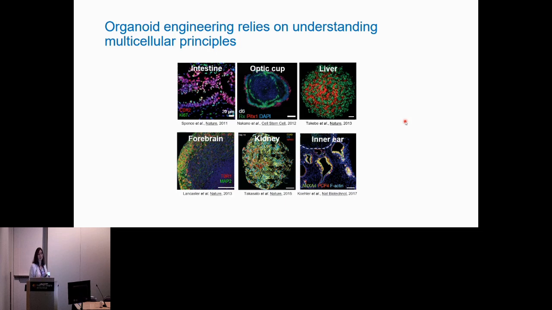And it's a very exciting time in this field because we've gone from being able to just create one specialized multicellular microphysiological system to a whole repertoire of these various organoids from induced pluripotent stem cells. As you can see from some of the examples on this slide, everything from intestinal crypts to inner ears, people are studying with these methodologies.